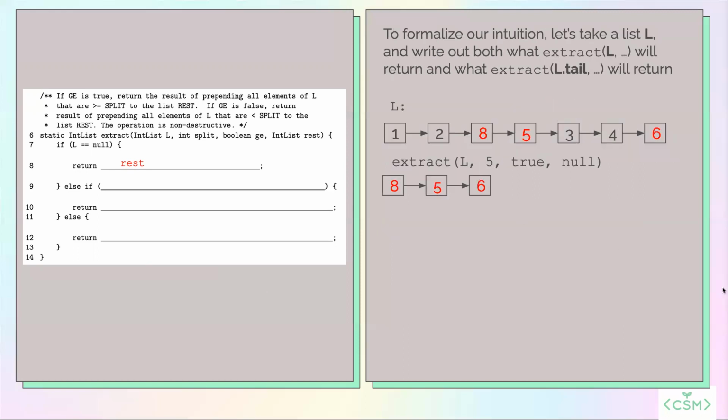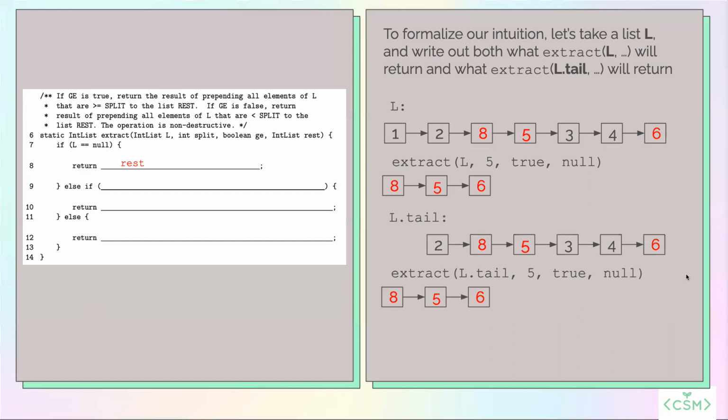To formalize our intuition, let's take this sample list L and write out both what extract on L will return and what extract on L.tail will return. We can see that if we're given L, extract of L, 5, true, and null will give us 8, 5, 6, just as we would expect.